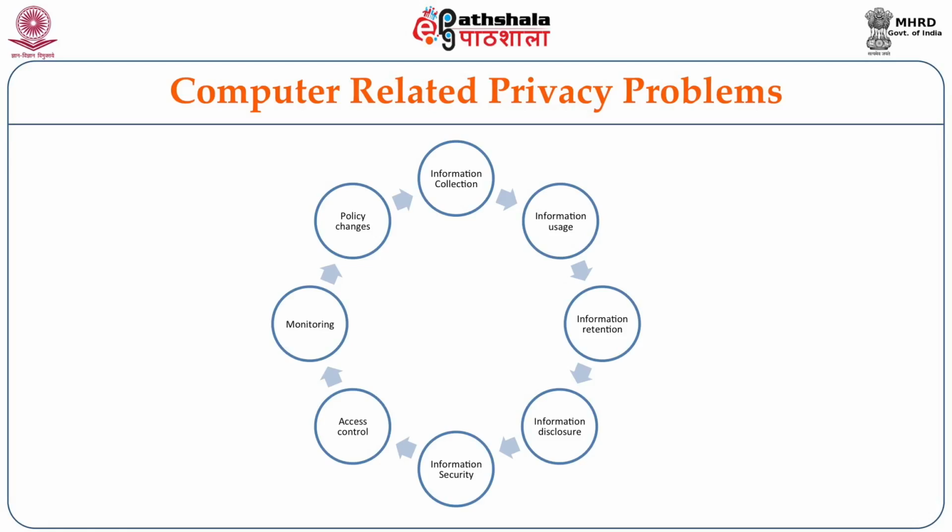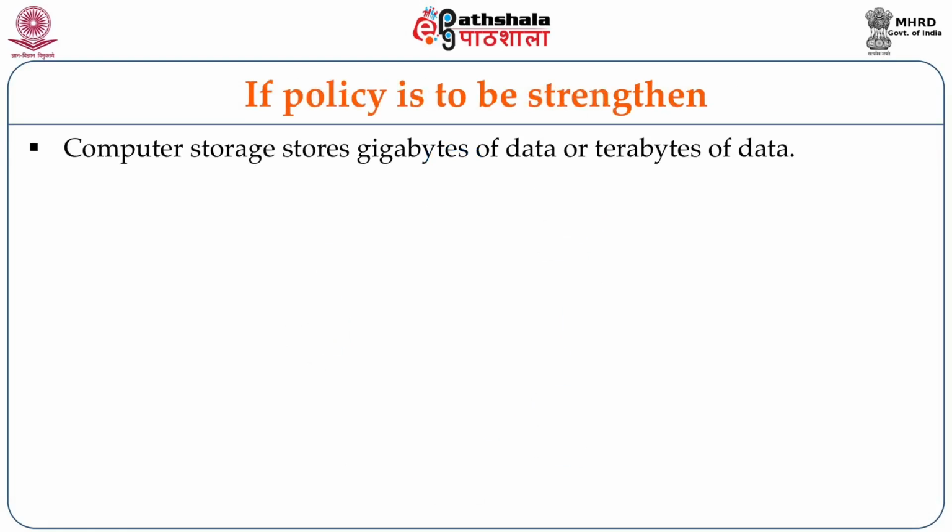There are certain privacy issues that have come because computers are now widely used. The first is data collection. Usually data is stored on disks. Disks on ordinary consumer PCs are in terms of gigabytes, and commercial storage may go up to terabytes.